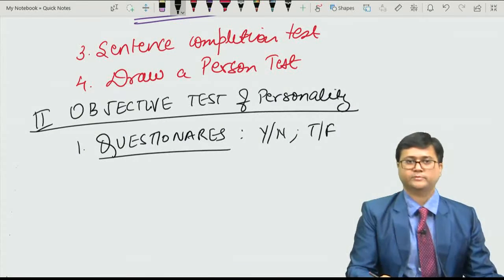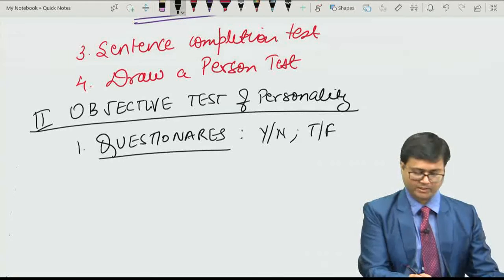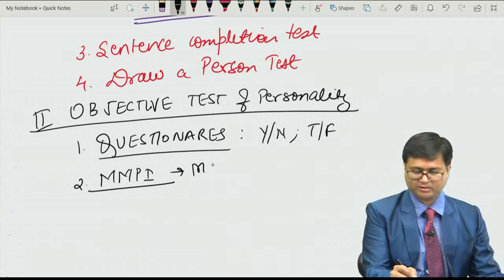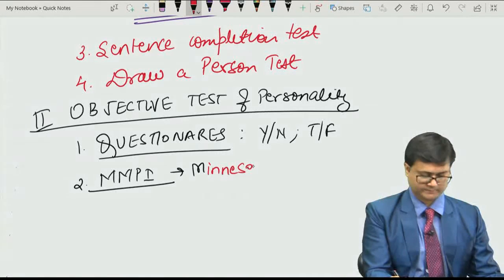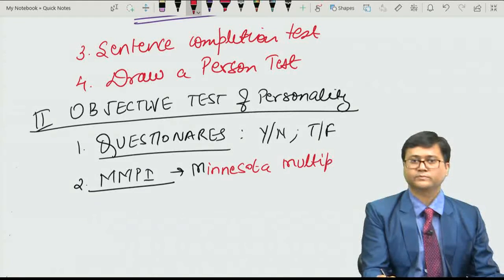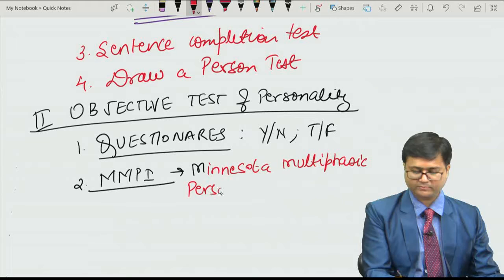Various questions are given and the person is asked to answer them. Then another is the MMPI, that is the Minnesota Multiphasic Personality Inventory.